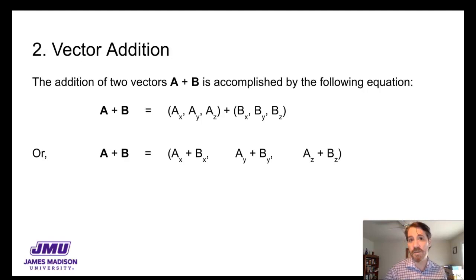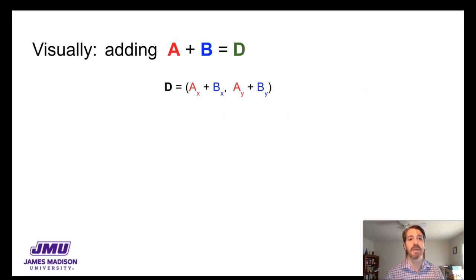A positive x component in the A vector and a positive x component in the B vector would add together to give a bigger positive component. But a positive y component in the A vector and a negative y component in the B vector would add together potentially to 0 or possibly to a negative sum. So you'll want to be careful about your negatives.